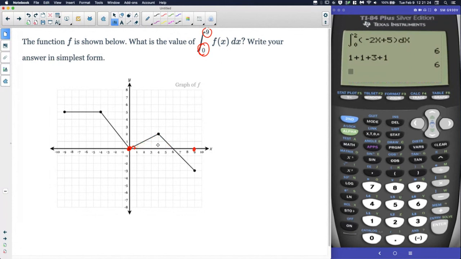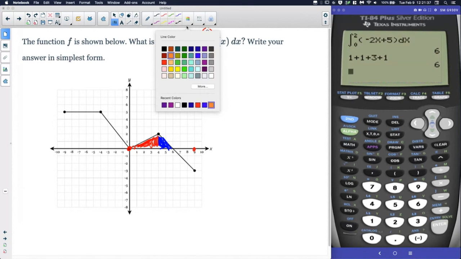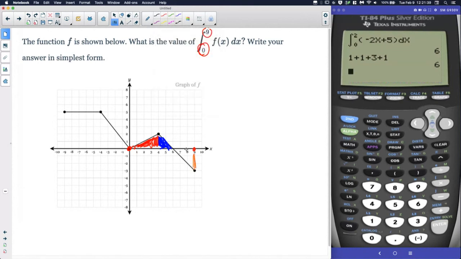And actually what you'll be doing is you'll be separating it into two triangles. So this is one triangle here. Find the area of that triangle. Second one, find the area of this triangle. Add those together. And then the last one would be this triangle.